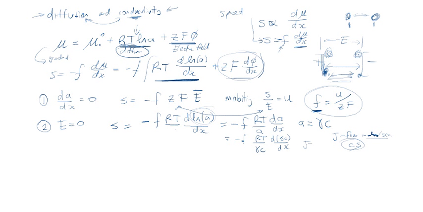So we have to use that relationship, that the flux is equal to the speed times the concentration. Using that, remember this is the speed here, so we're putting this into there and multiplying it by the concentration.